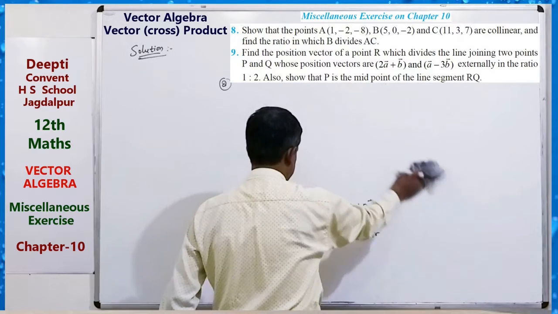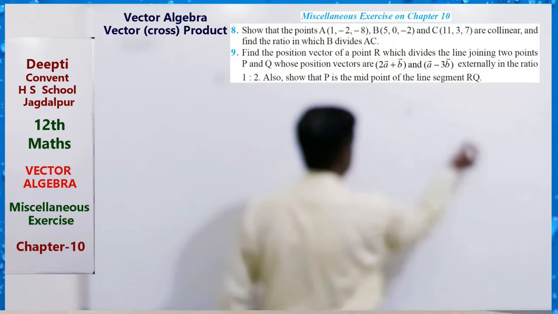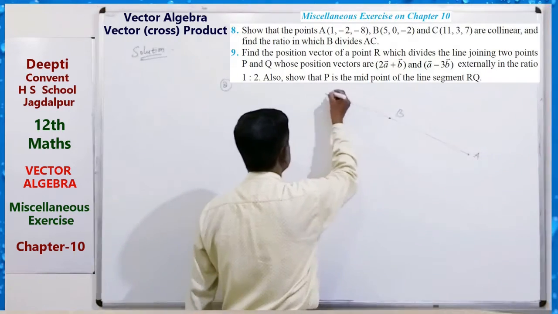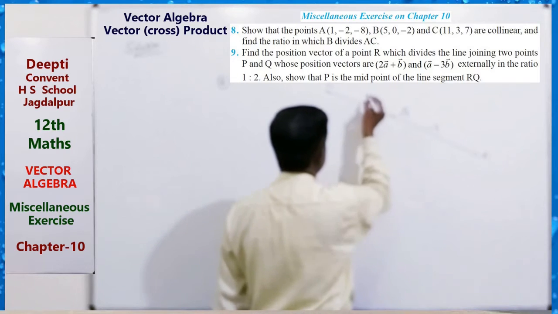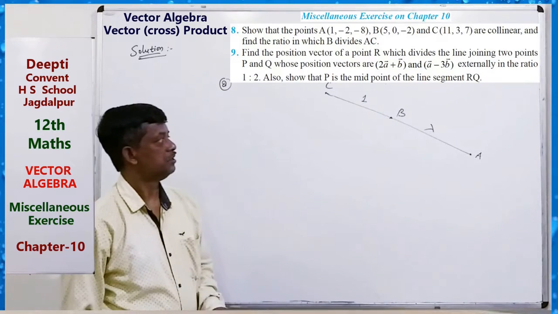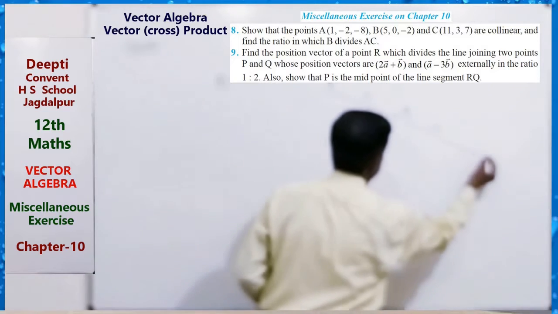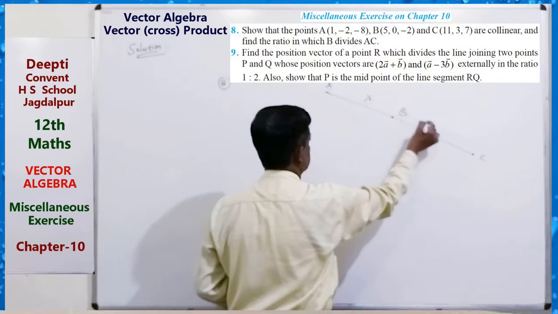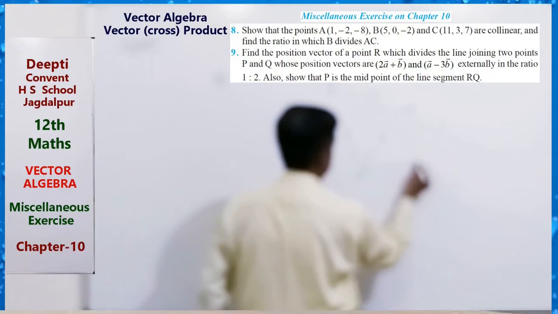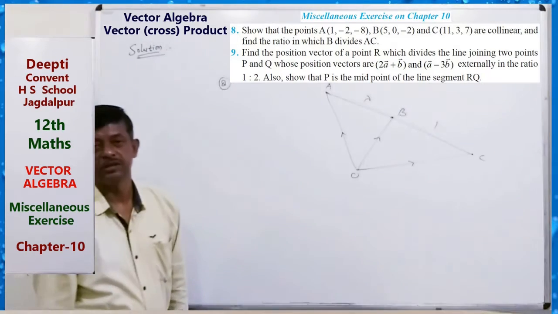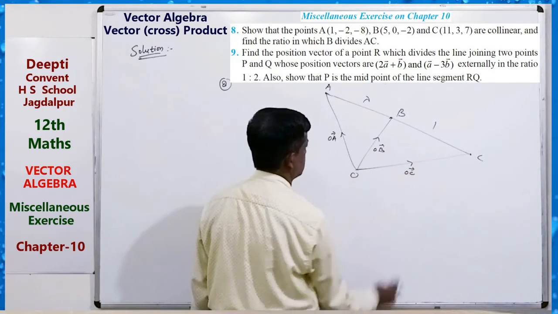For finding that, this is the line, this is A, this is B, this is C. So B divides AC in the ratio lambda to 1. This is OA, this is OB, this is OC.